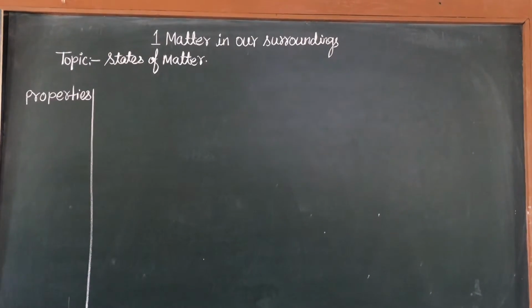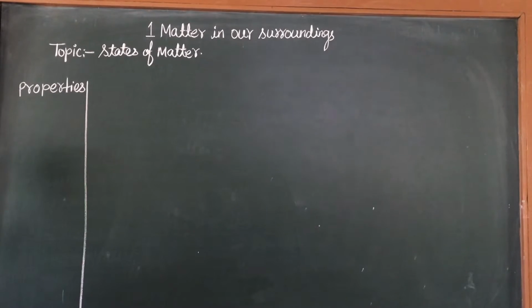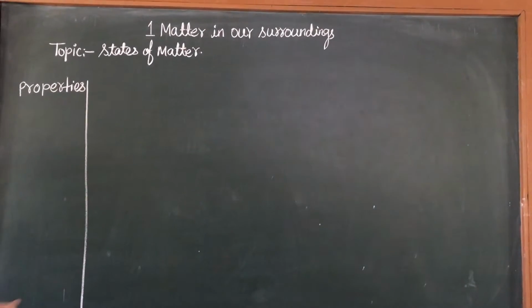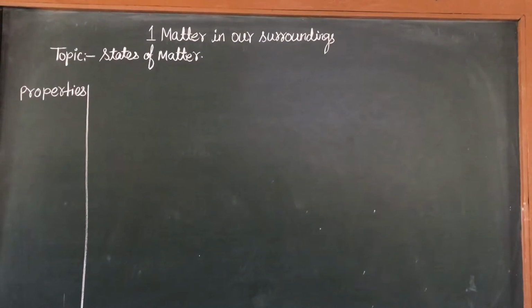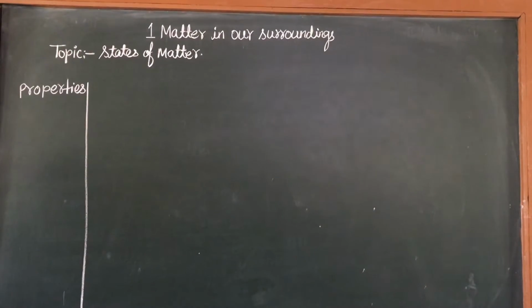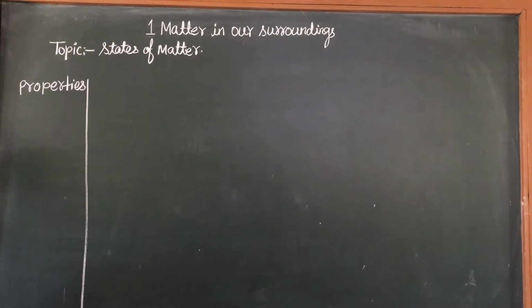Good afternoon to everyone. Today we will learn chapter number 1 of class 9th, Matter in Our Surroundings, and in today's video we will learn topic number 2, states of matter. We know that there are three states of matter: solid, liquid and gas.